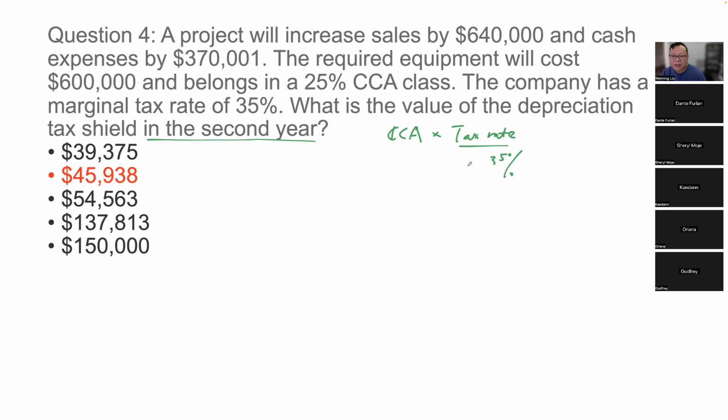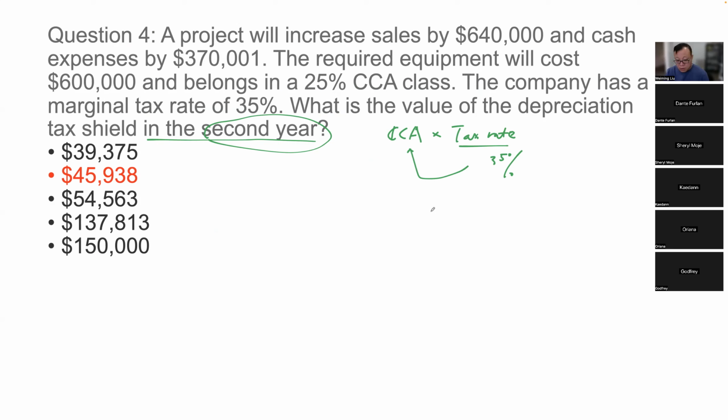So you just want to calculate CCA for the second year. Every year the CCA may be different, unless it's a straight line kind of approach. Otherwise, CCA is most likely to be different year by year. So they are being specific about which year we are doing the calculation.